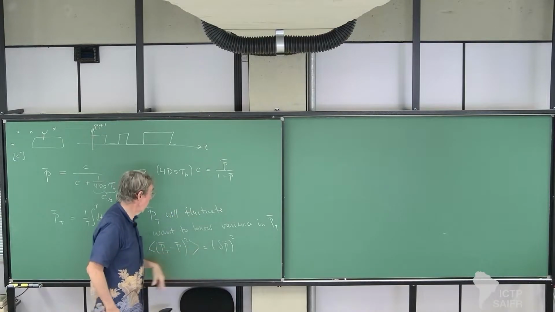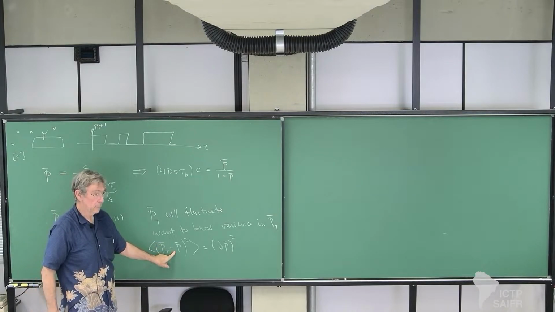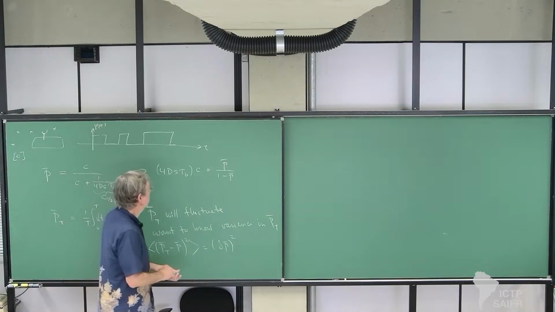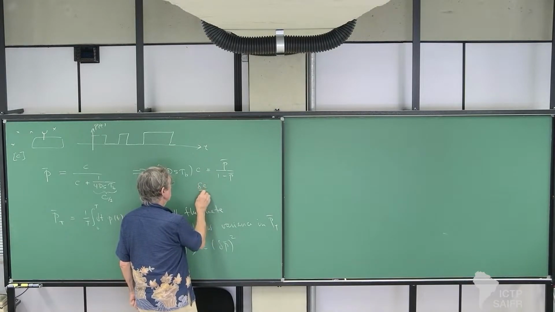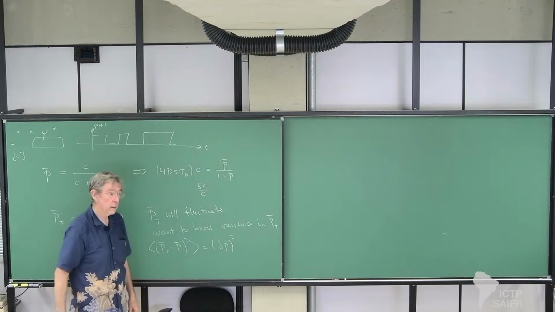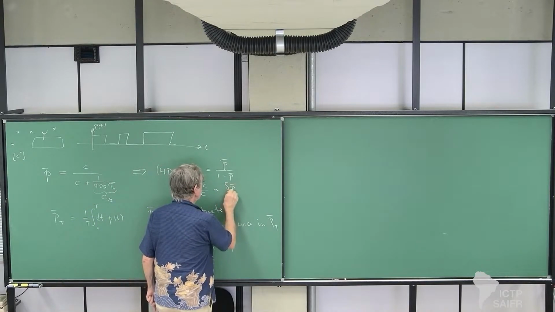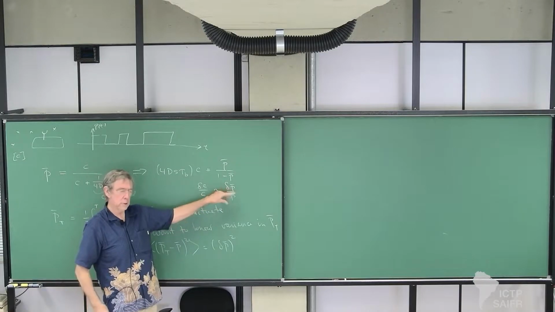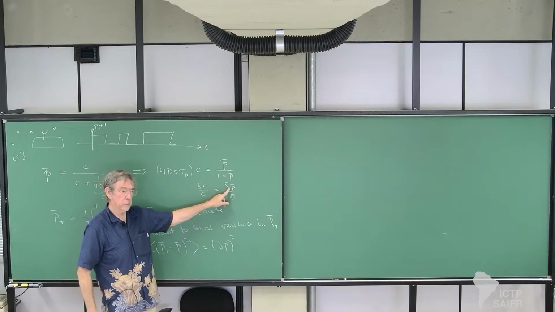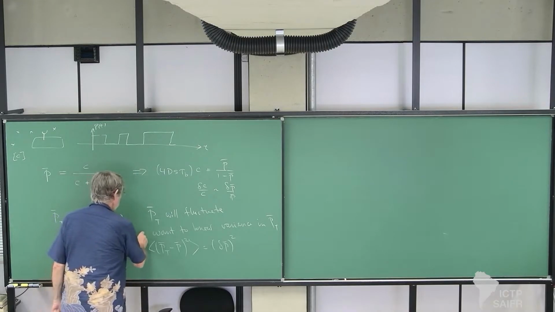There's going to be some relation between the fractional error I make in measuring c and the fractional error I make in measuring the occupation number. I put a twiddle there because there are some factors, but roughly speaking, this is what I want to focus on.